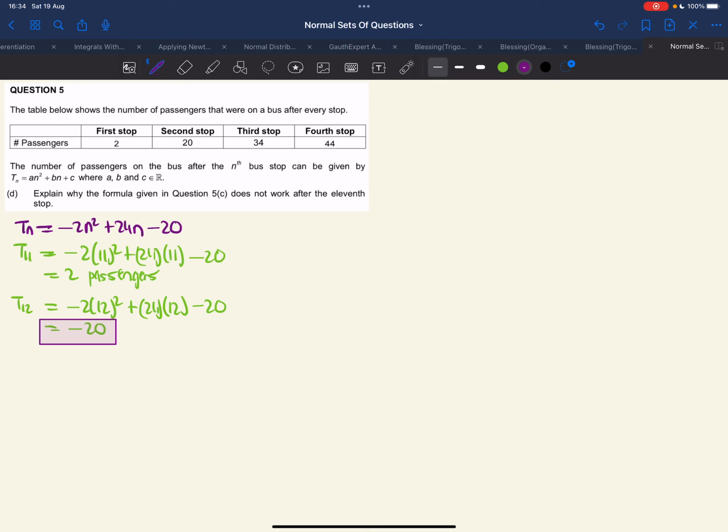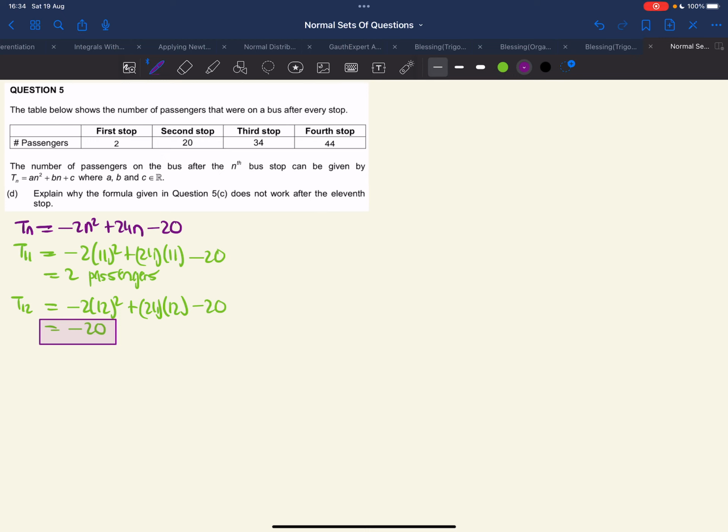So that's why that formula only works up until the 11th, because in the 11th we get two passengers, which means we are still working with positive numbers. But immediately we start working from 12 and going upwards, I'm sure even if you try till 13, you're gonna still get a negative number. If you start going from 12 and upwards, you start getting negative numbers, and remember that cannot happen.